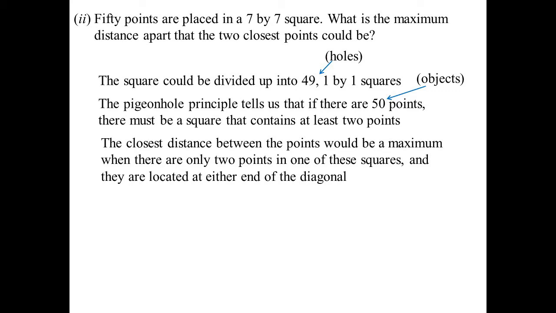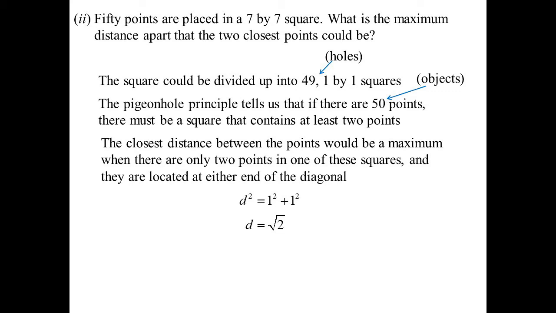If you're placing them in the same square, then they would have to be at endpoints of the diagonal. That would give us the largest distance the 2 points could be apart. So a bit of Pythagoras then.